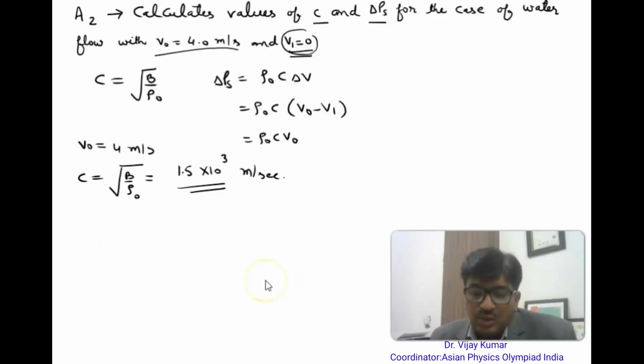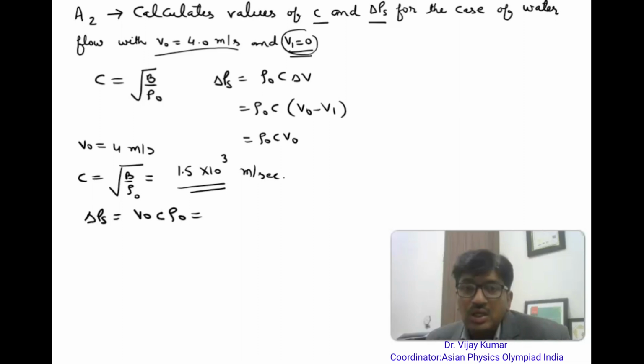And if we calculate the value of delta PS, it becomes rho naught C V naught. The value of C is under root B upon rho naught, so it becomes V naught under root B rho naught.